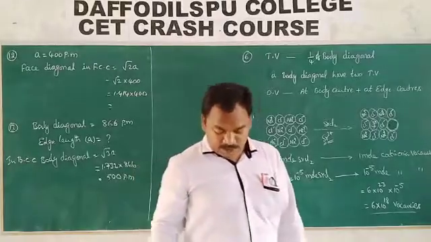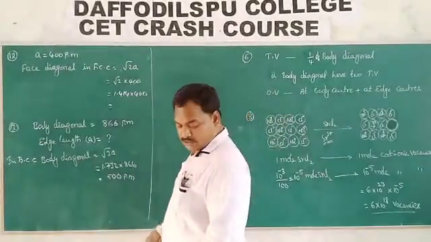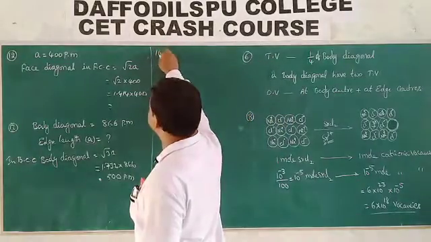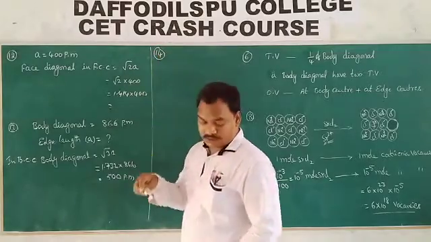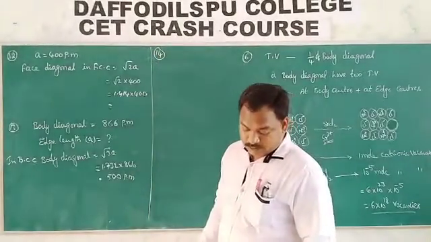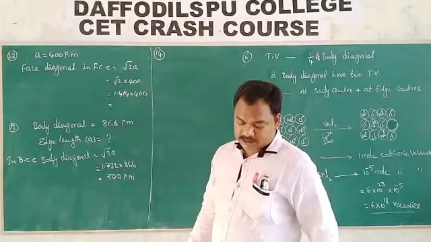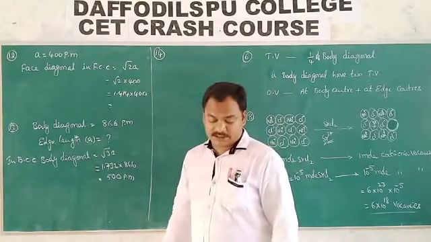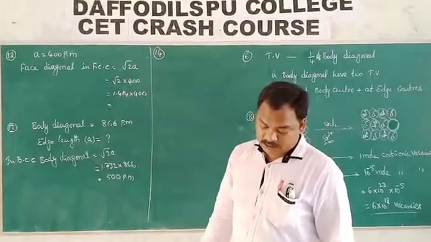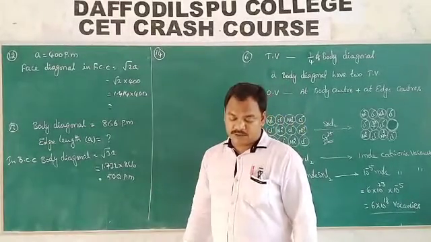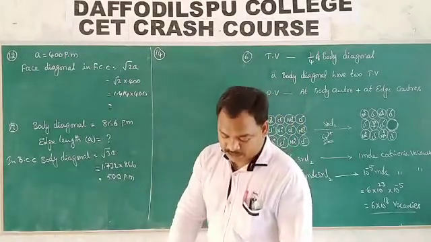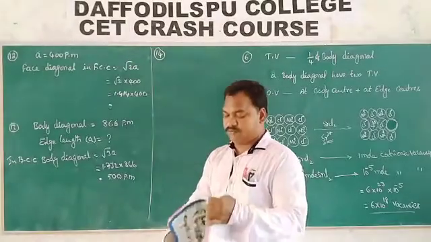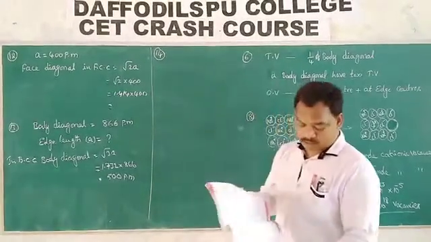Next, come to another problem, that is the 14th one. The radius of Na+ is 95 picometers and that of Cl minus is 181 picometers. The edge length of the unit cell in sodium chloride would be, edge length of the unit cell in sodium chloride.